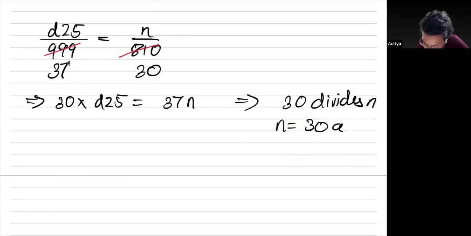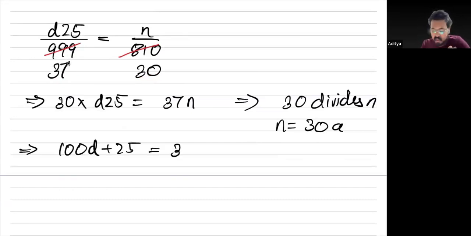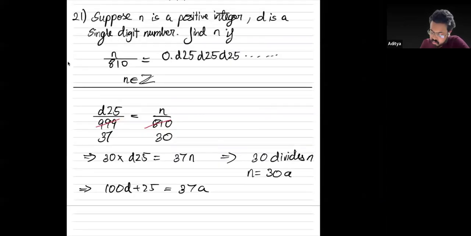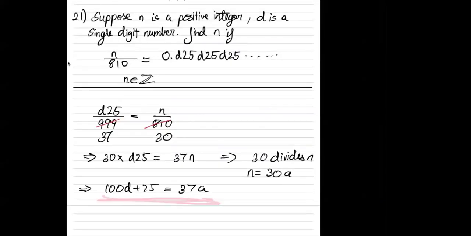So this implies you have d25, or 100d plus 25, is equal to 37a. Now, this is a Diophantine equation with the restriction that d cannot be more than 9 or less than 0. So figure out for what value of d you get integer values of a. And all the GP aspect of this question is done. All you have to do now is solve this equation.